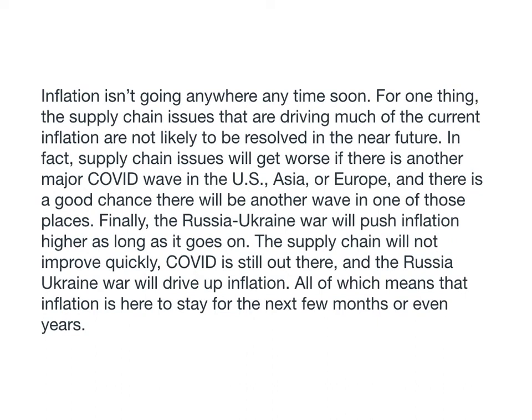The supply chain will not improve quickly. COVID is still out there, and the Russia-Ukraine war will drive up inflation, all of which means that inflation is here to stay for the next few months or even years. Now notice what these last sentences, from "the supply chain" all the way to "for the next few months or even years," do.